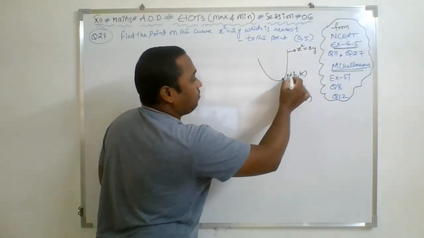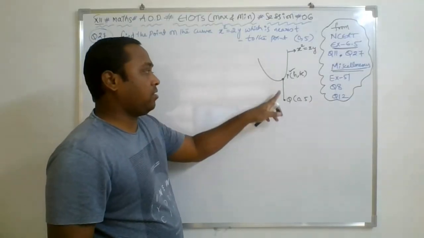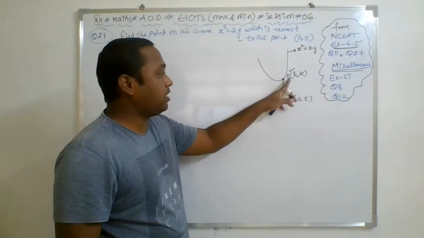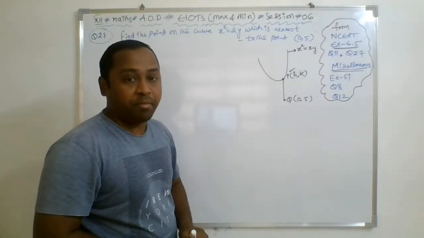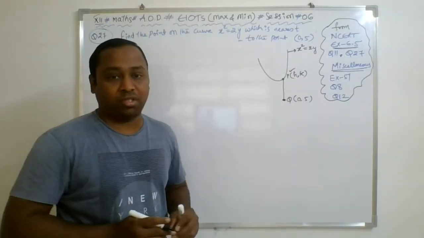I want to find the point on the curve which is at a minimum distance from this point, so the distance between these 2 points must be minimum. Hence it is a maxima minima question.